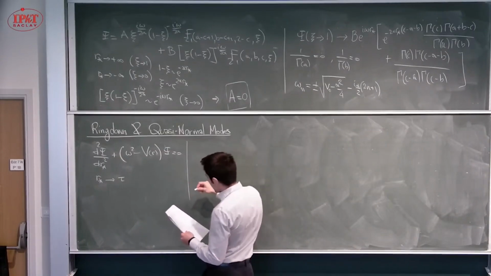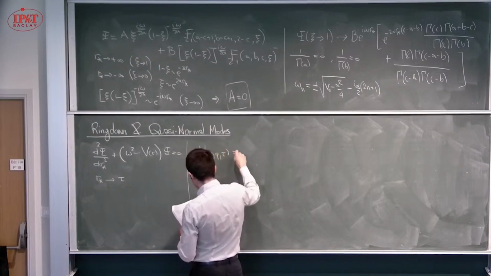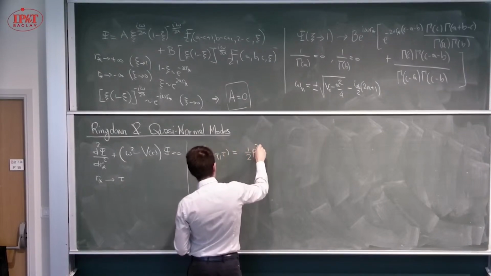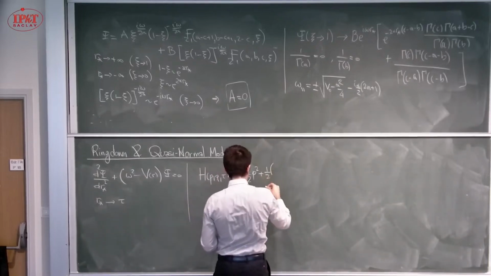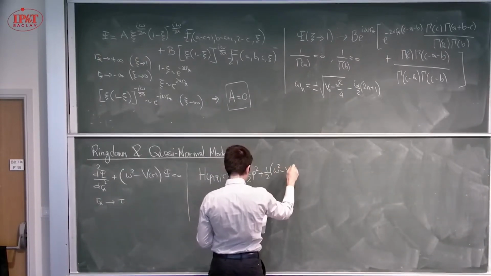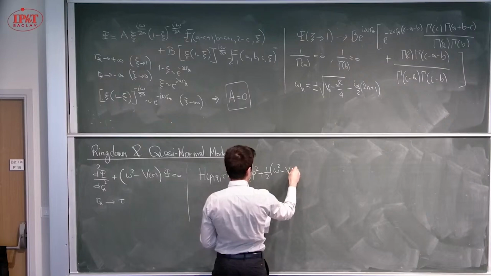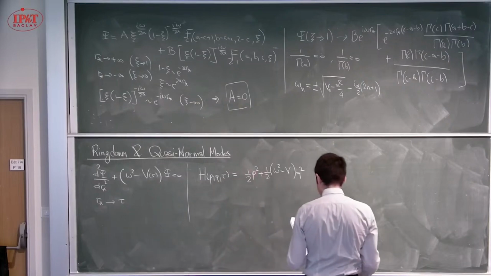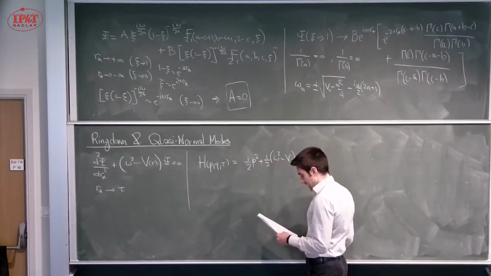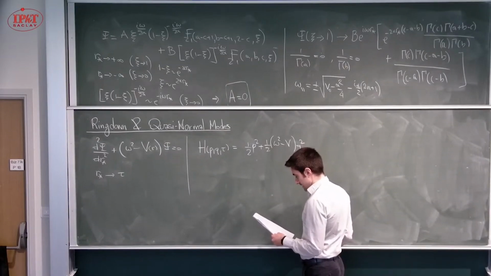So let me introduce this Hamiltonian H of Q, P, tau, which is essentially 1/2 P squared plus 1/2 (omega squared minus V) Q squared.